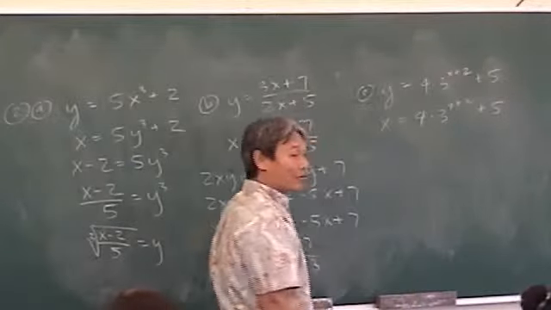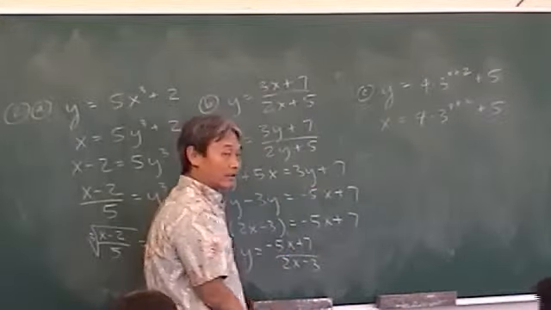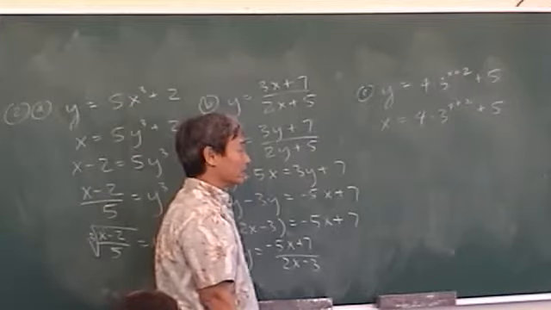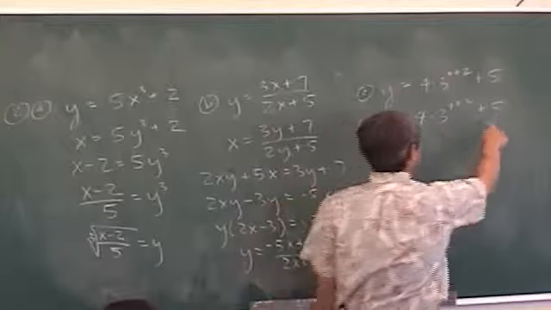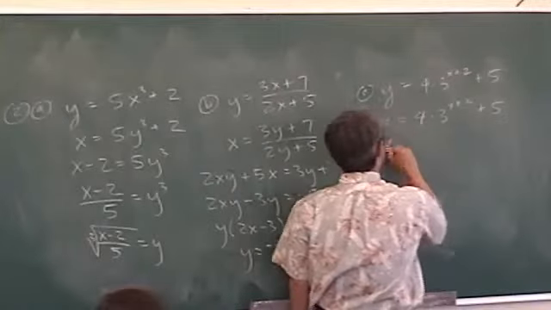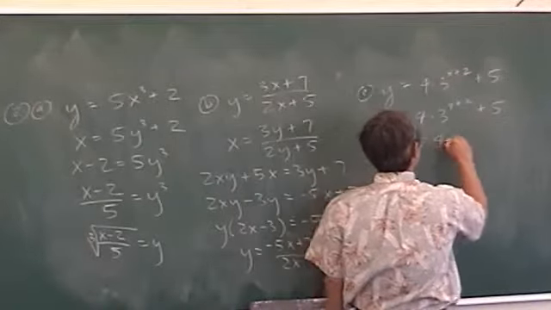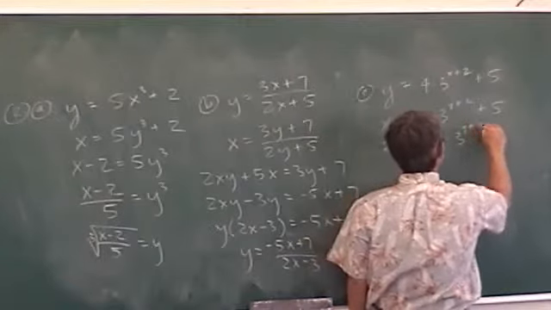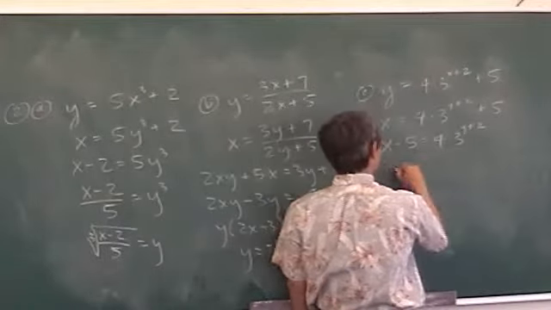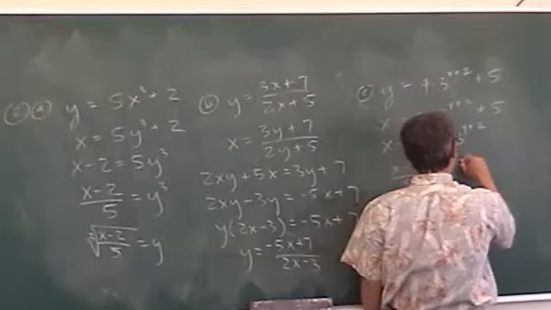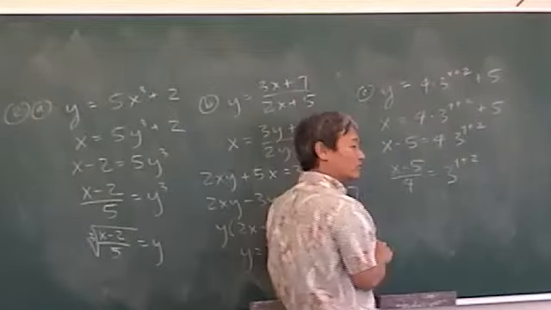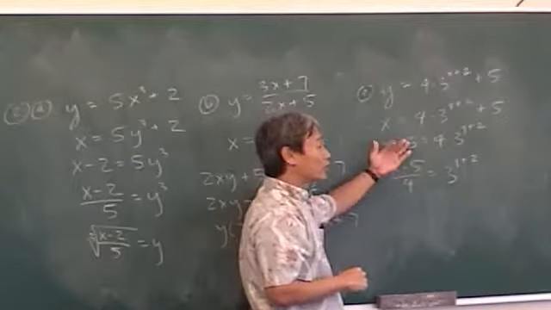Now we have to solve for y. Now notice that the y is in the exponent, right? So what do you think you're going to use here? Logarithms. Okay, so first step, how do I get rid of this 5? Subtract. So this is just algebra 1. How do I get rid of this 4? Divide. Okay, now once you get here, you change it to log form.